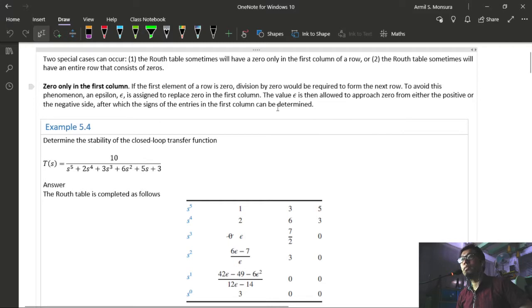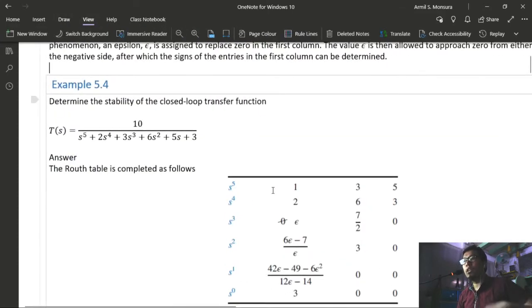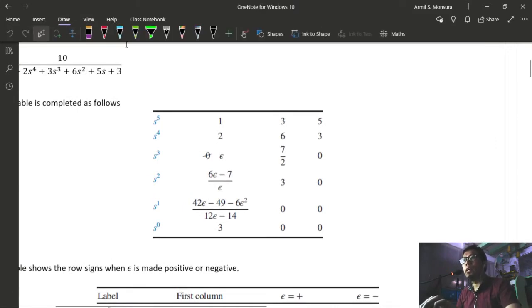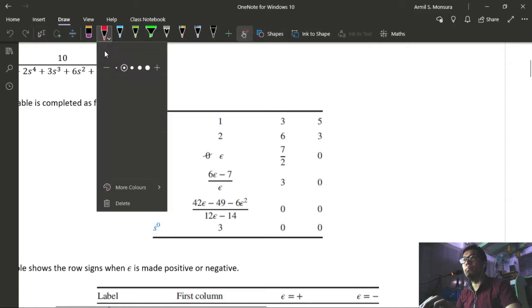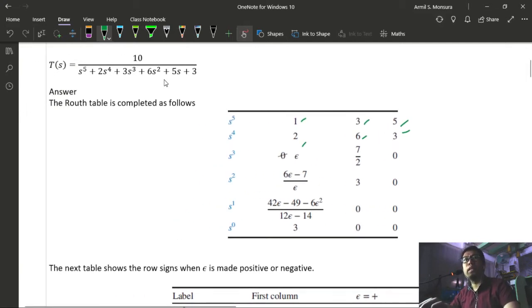Okay, so halimbawa meron tayong case dito. Let's determine the stability of the closed loop transfer function of this one. Kapag tiningnan natin yung ating row table for this one, we will have 1, 2, 3, 6, 5, 3 as yung coefficients ng ating closed loop transfer function.